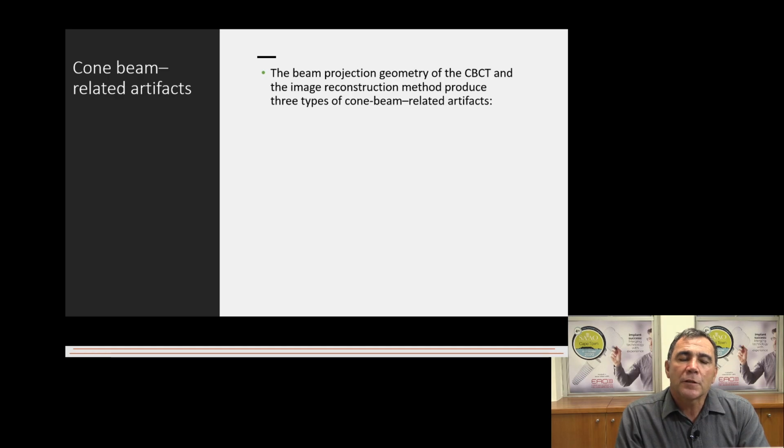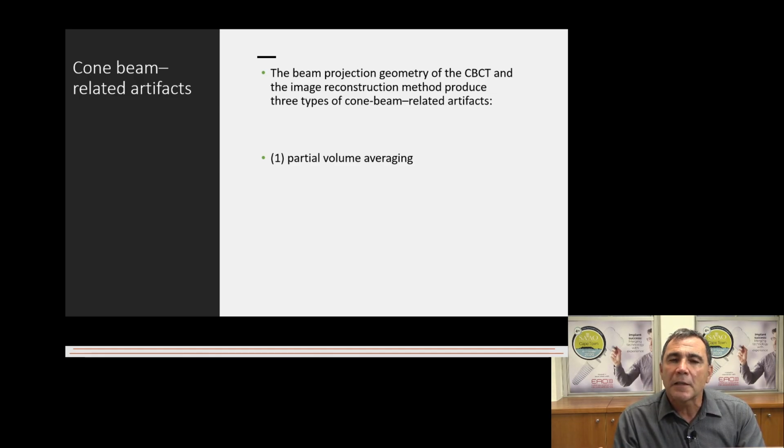The beam projection geometry of the CBCT and the image reconstruction method produce three types of cone beam related artifacts. The first is partial volume averaging, and that's what I've been trying to say all along. The computer program takes two points and takes the average point between those two. The wider those two spatial differences are, the worse result you can get, or not worse result, but inaccuracies or duplication of anatomy.